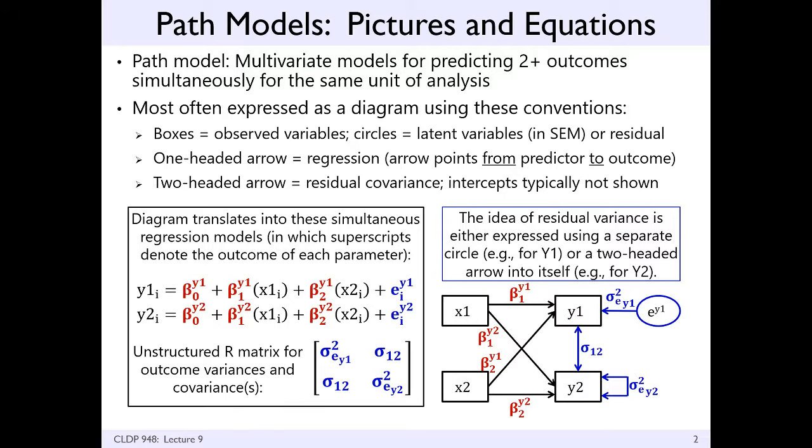If I wanted to write a linear model that describes this path diagram, it would look like this. I have a regression model for y1. I have a regression model for y2. I'm using superscripts to keep track of which beta and which error term goes with which outcome, but otherwise this is regression.